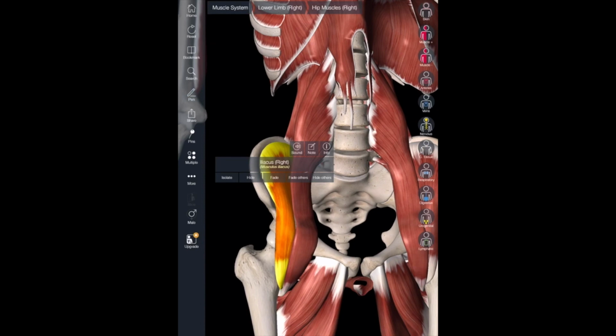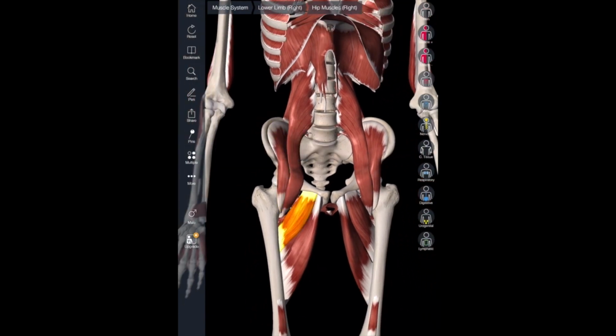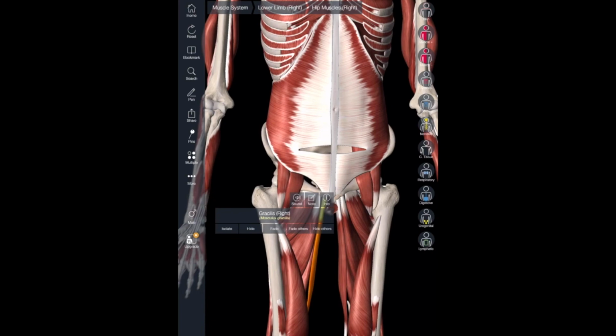So psoas and iliacus both do hip flexion. All of the adductors do hip flexion: adductor longus, adductor brevis, pectineus and gracilis.